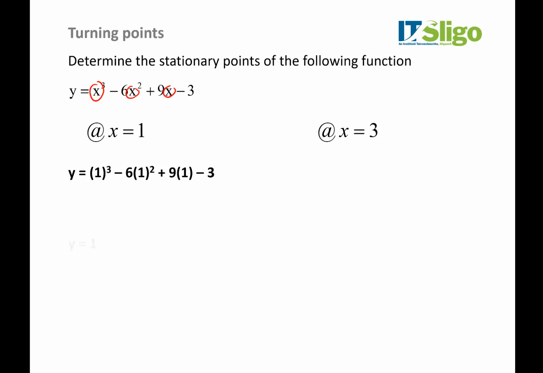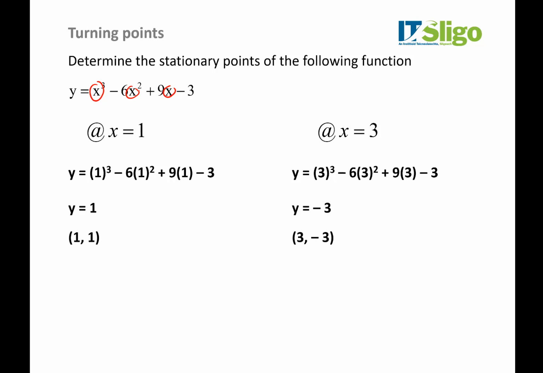Be careful with your calculators or with your brain, and we get y is equal to 1. So now our turning point is at (1, 1). We do the same now for the other value. When x is 3, feed that into the original function. We get y is minus 3, and this is our other turning point.